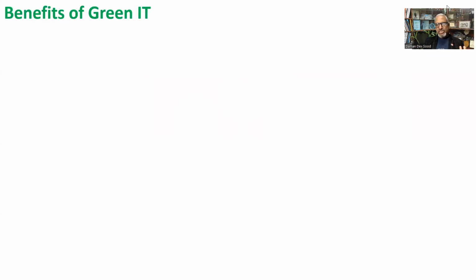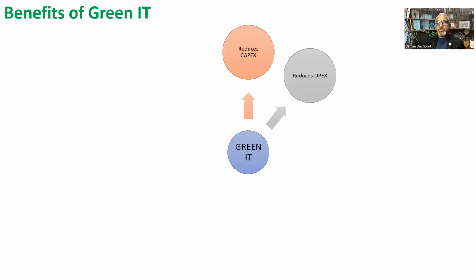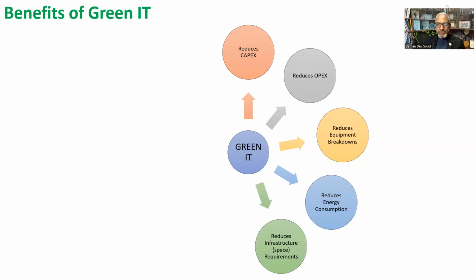And people would say, Daman, why should we do this? So I quickly will talk about the benefits of implementing green IT, or practicing green IT, or implementing green IT principles. There are benefits that it helps to reduce capital expenditure. It helps to reduce operating expenditure. It reduces equipment breakdowns, reduces energy consumption, reduces space requirements.